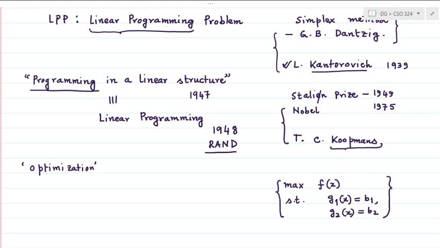So you all have learned in your Mathematics 1 course the Lagrange's multiplier rule to solve such problems, and these problems are called maximization problems, or broadly under the umbrella of optimization problems. And here this function f(x) is referred to as the objective function, and the argument or the variable of the objective function is known as the decision variable.